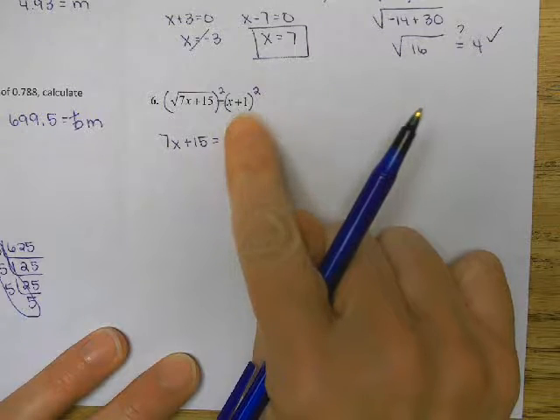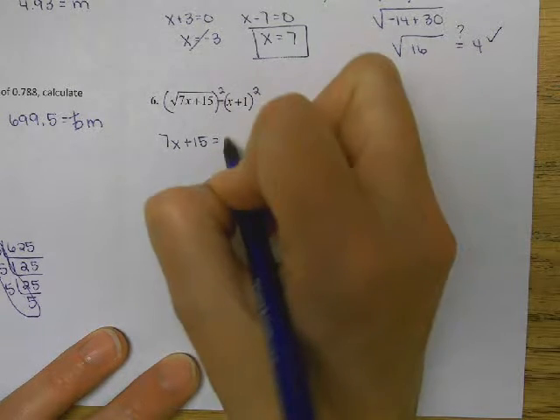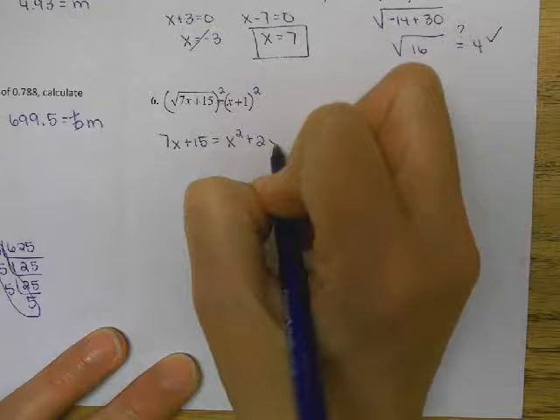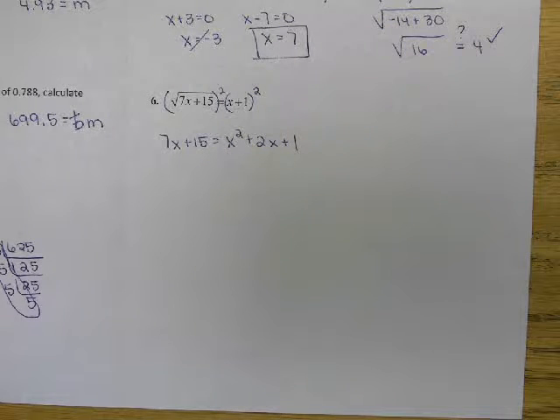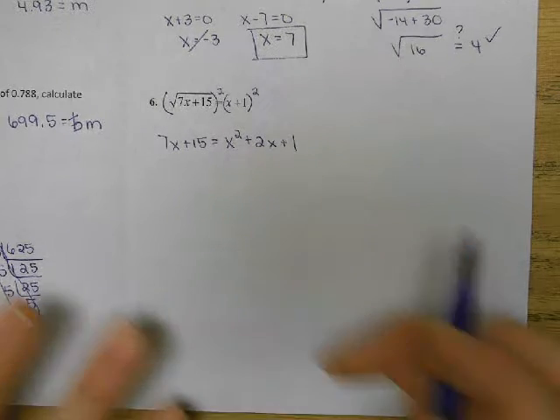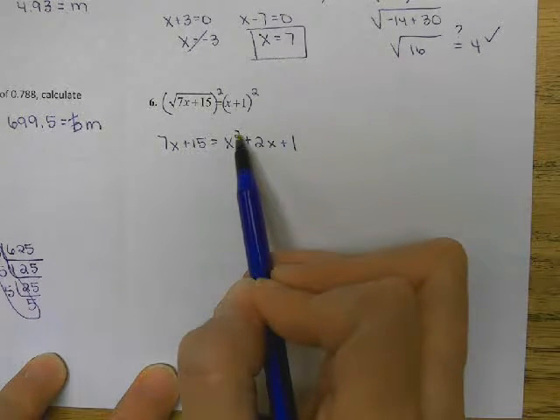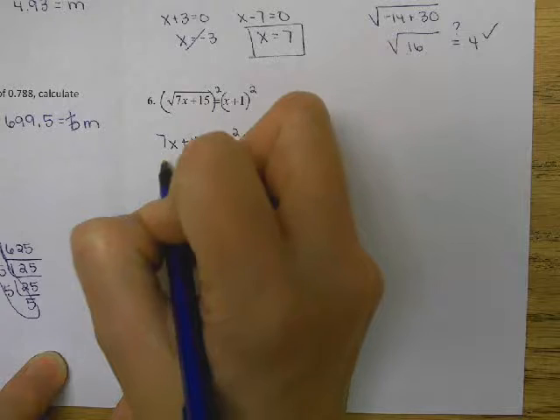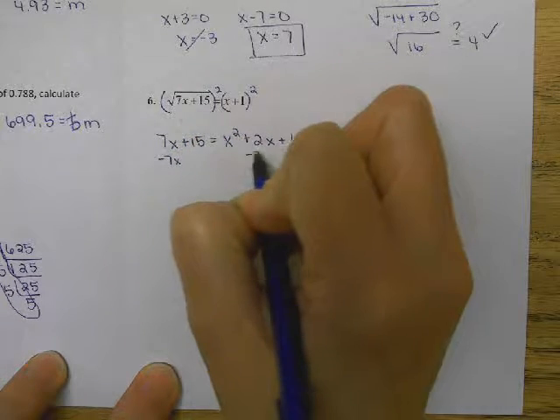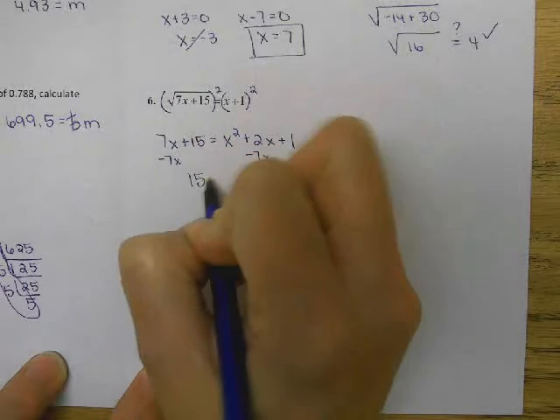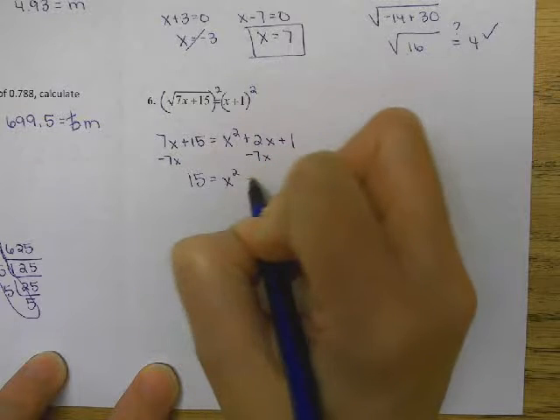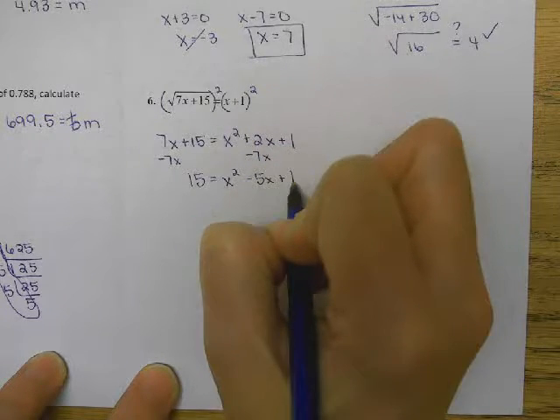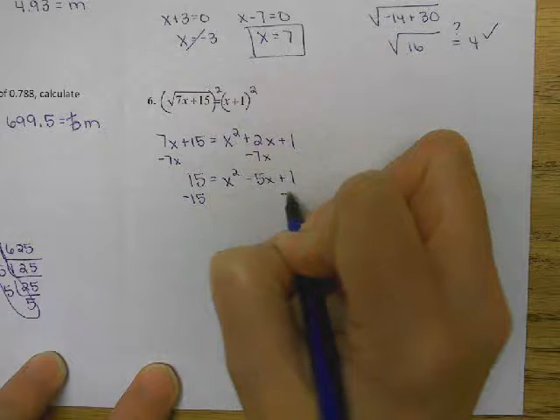But x plus 1 squared is really x plus 1 times x plus 1. So when I multiply it out, x squared plus 2x plus 1. Let's get everything onto one side again. Again, I want to keep everything on the side with the x squared so that I can factor. So I'm going to go ahead and subtract 7x, and then I'm going to subtract the 15.